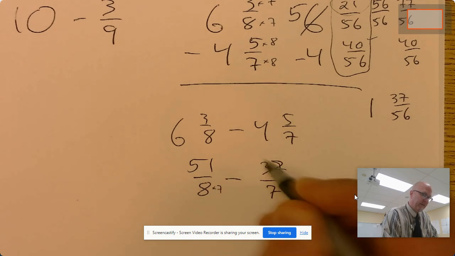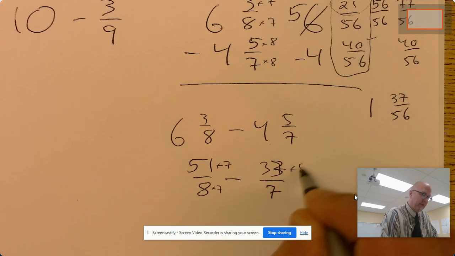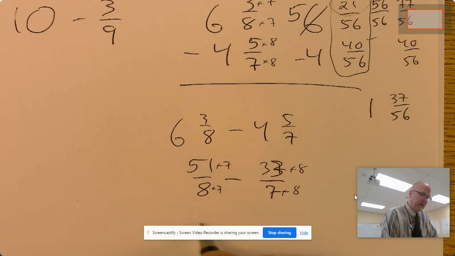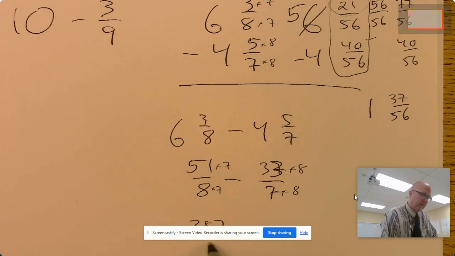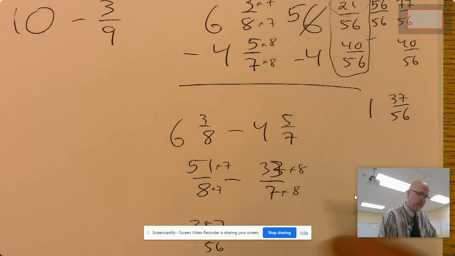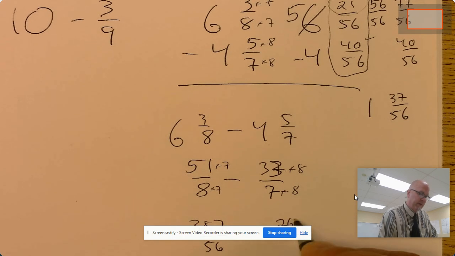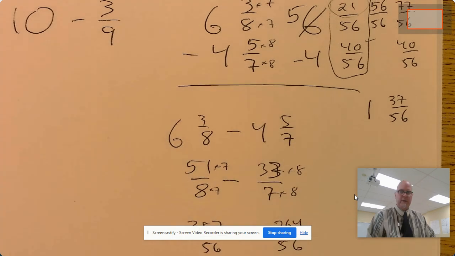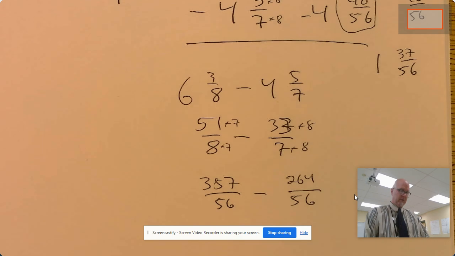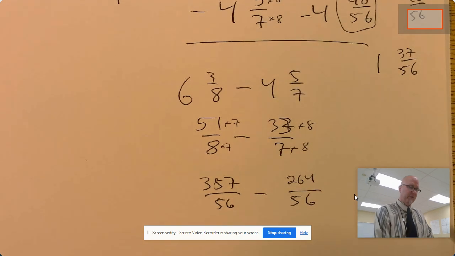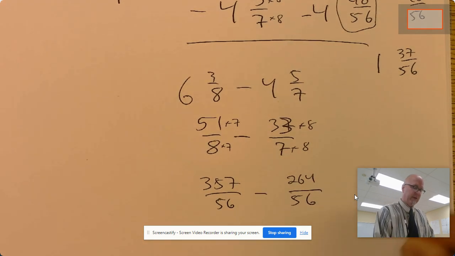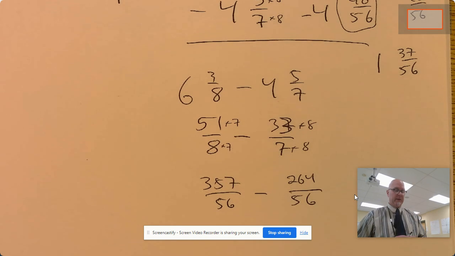So you'd be multiplying by 7 and 7, you'd be multiplying by 8 and 8, and you would end up with 357 over 56, and you'd be left with 264, I believe, over 56. And that certainly is subtractable. And so when you do that, you should still end up with the same answer. But it's just going to take you a different direction.